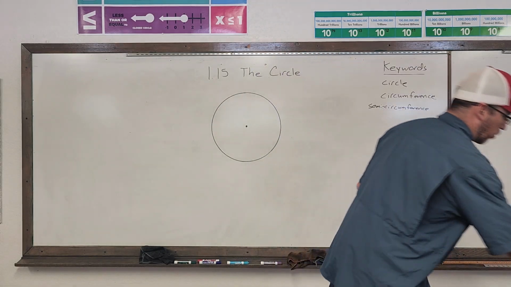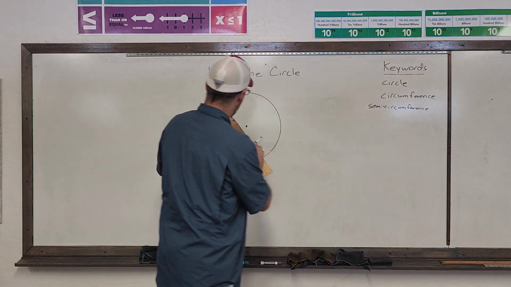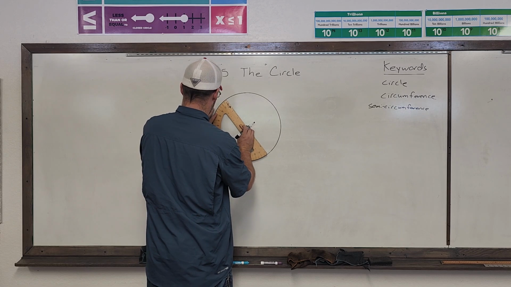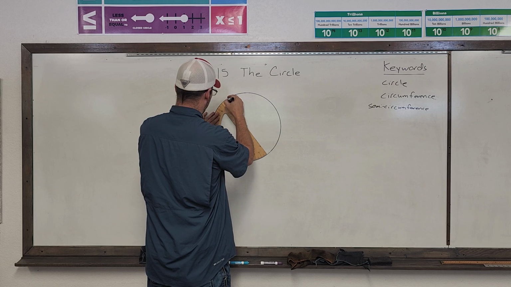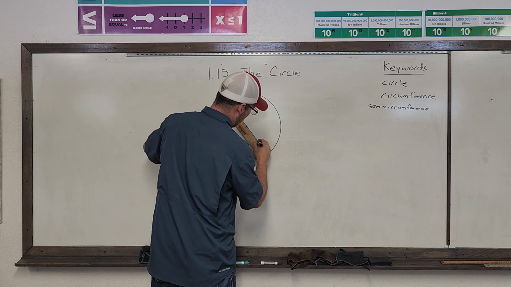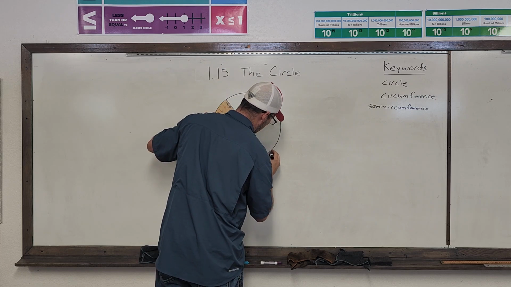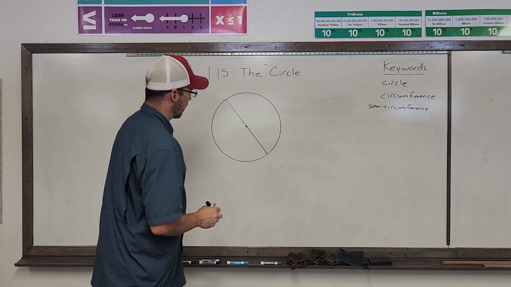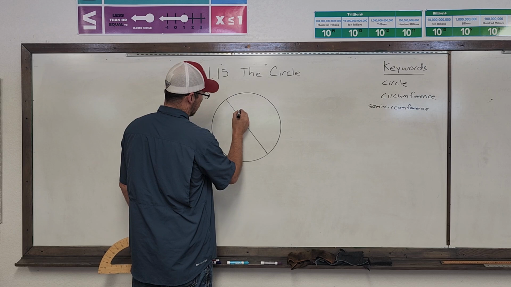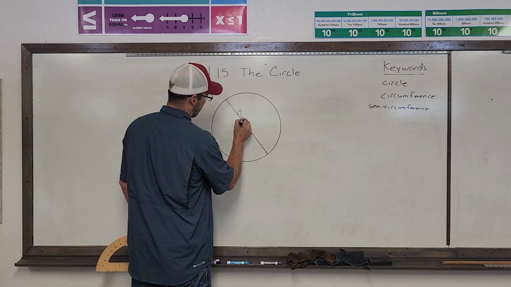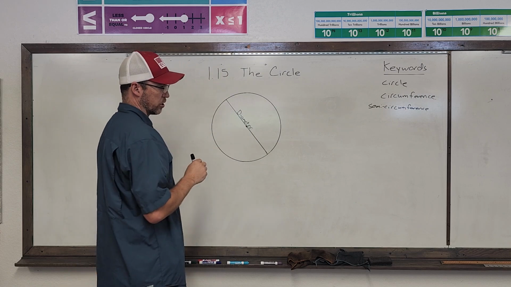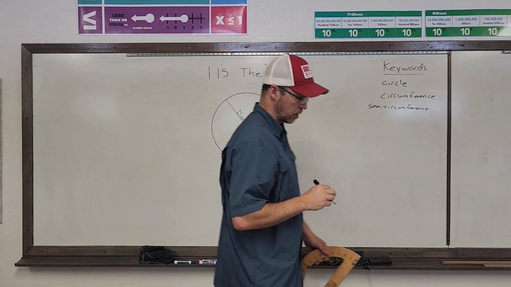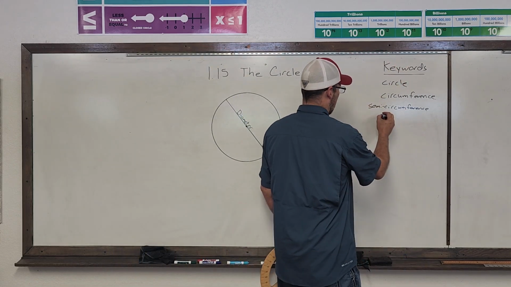So if I take a protractor and I make a line that goes through the center point, through that point O, and touches on both ends, that would be my diameter. It's the distance across the circle through the origin, through the center point. You know what diameter is.